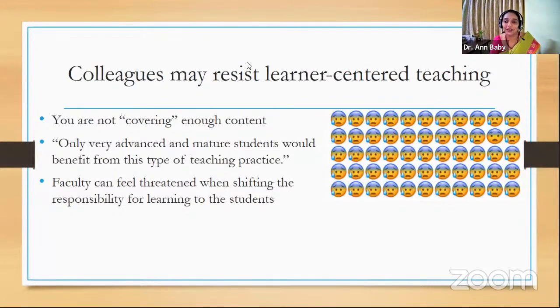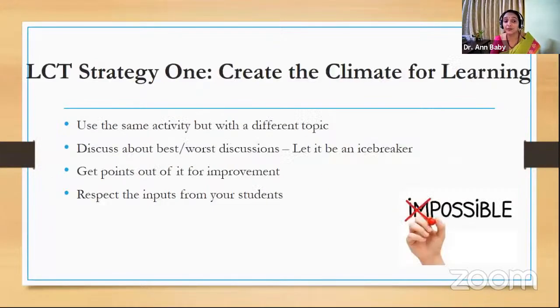There is an odd man out. Second row. Which column? You have it in the second row, 10th. I have to count it. 1, 2, 3, 4, 5, 6, 7, 8, 9, 10. Yeah, the second row, 10th column. You have an odd man out. So, your colleagues also would resist you doing learner-centered teaching.